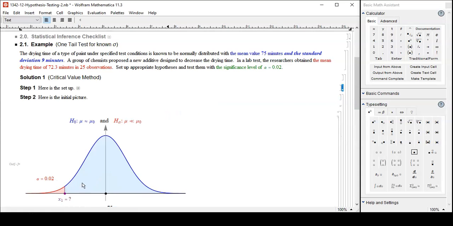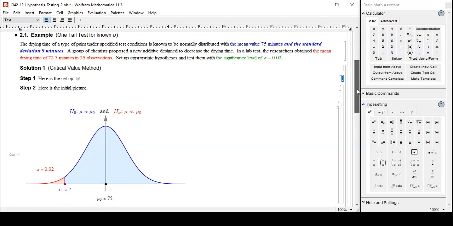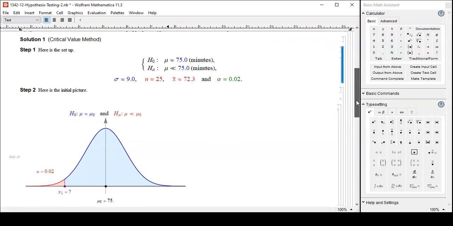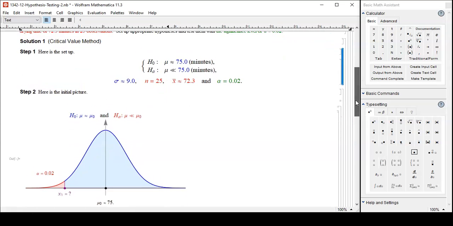So we're looking for this critical value. Once you find out the critical value, then that's going to be pretty simple because once you have this x value, we can now place this sample mean 72.3, assuming that we know this.